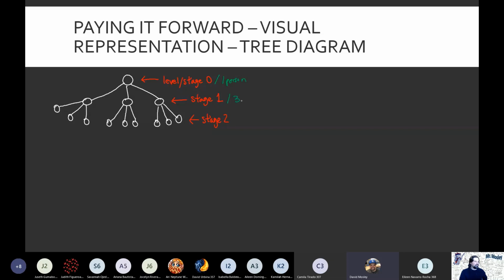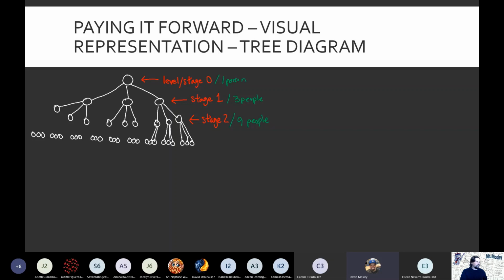And so on. We can see at stage 0 there's just one person. Then we go to 3. Then we're at 9. As we continue, if we did another stage, right, we can continue this.